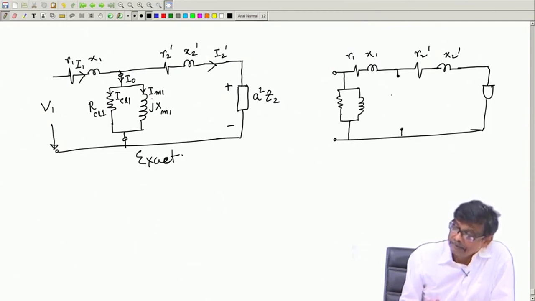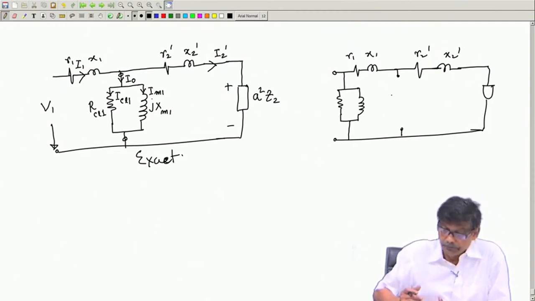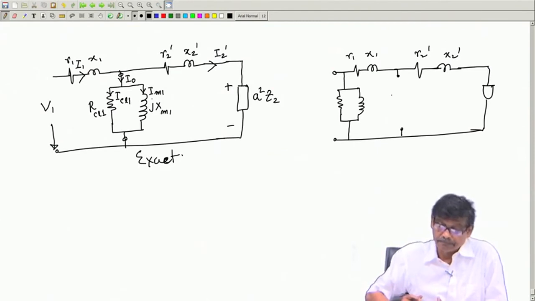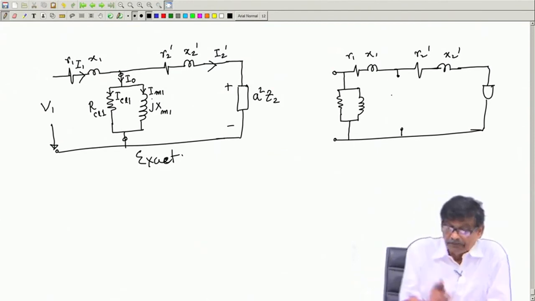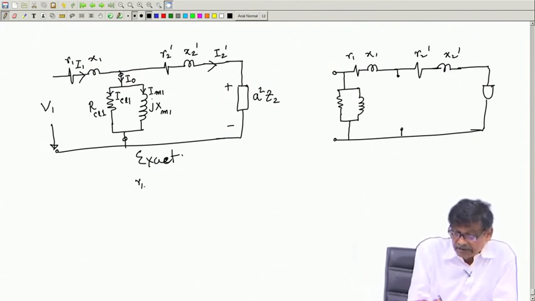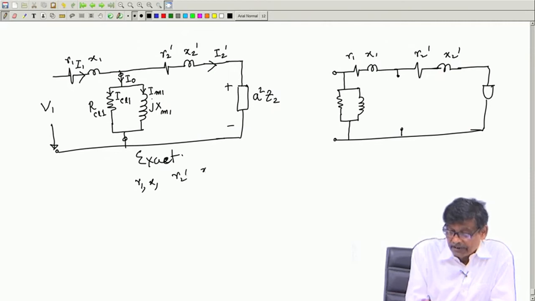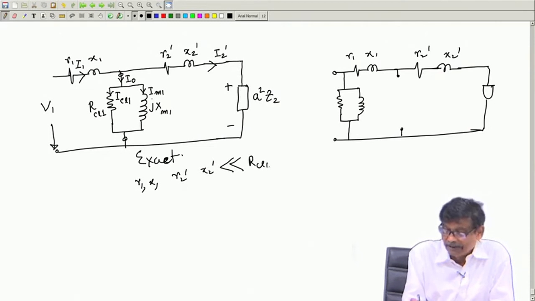And I am not doing this out of nothing, because of the fact that R 1 X 1, R 2 dashed X 2 dashed, these are all small compared to this RCL 1 and XM 1.